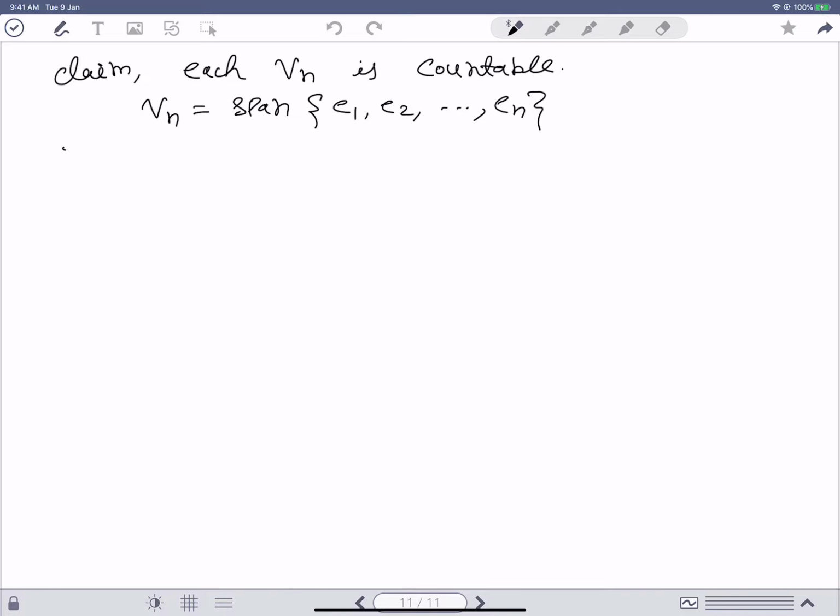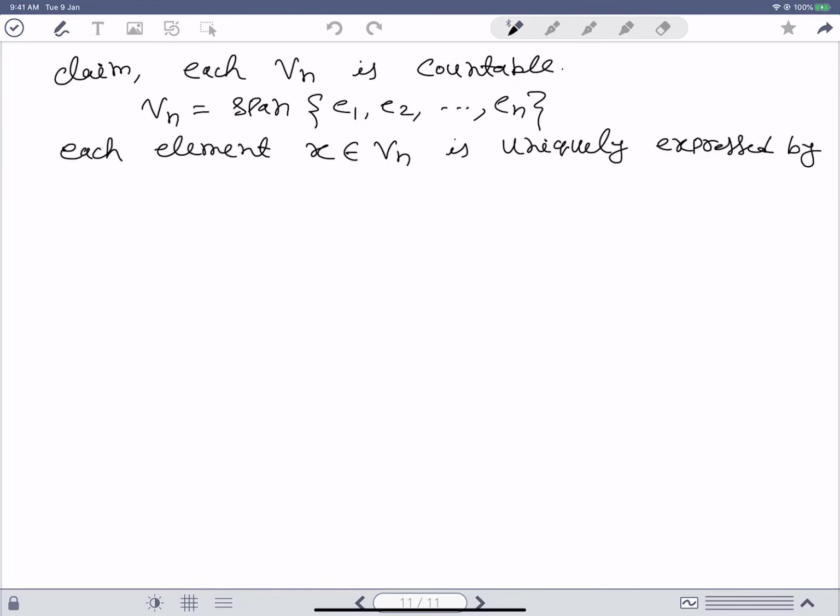That means each element x in Vn is uniquely expressed as x equals x1 e1 plus x2 e2 plus up to xn en, where xi belongs to Q for i equal to 1, 2 up to n, right?